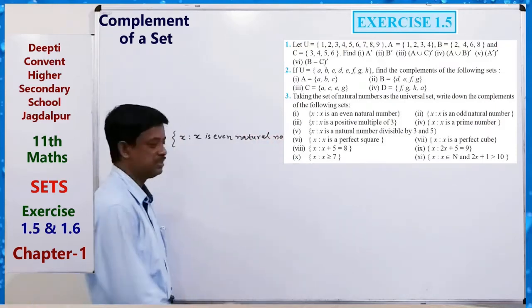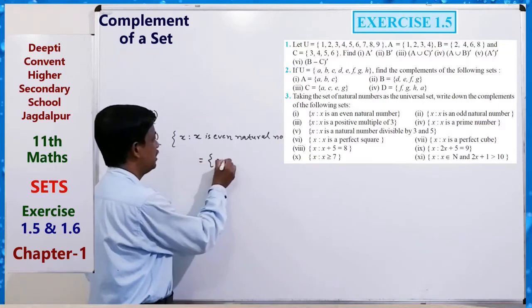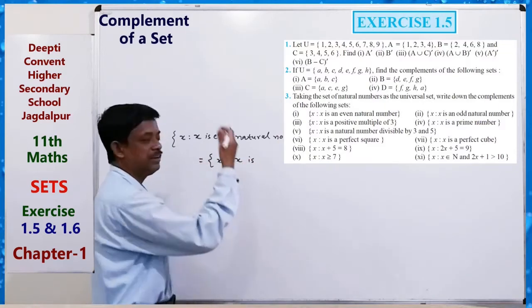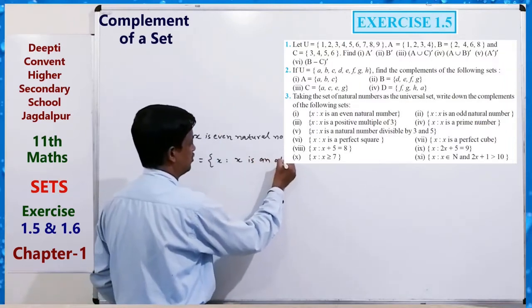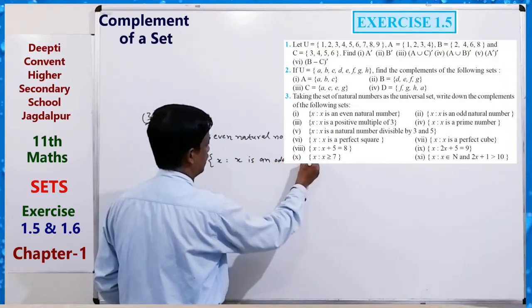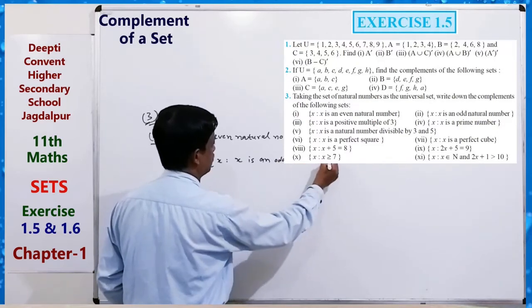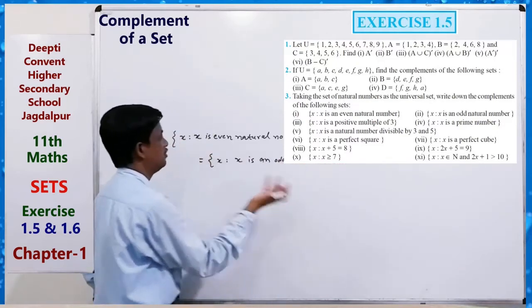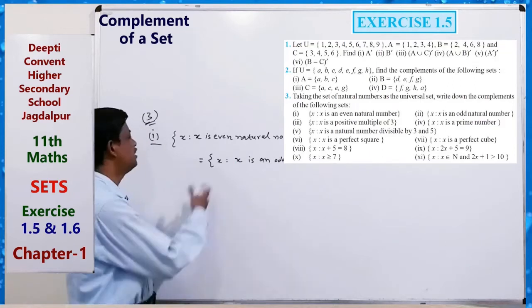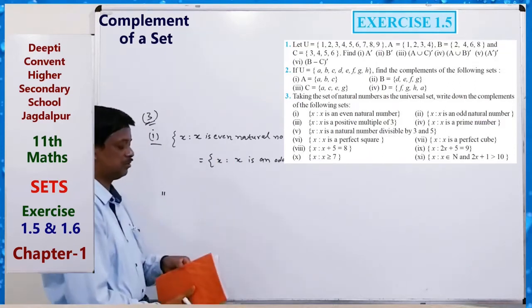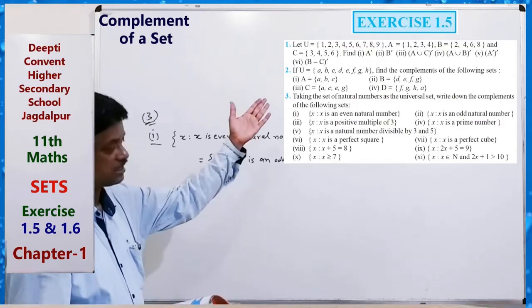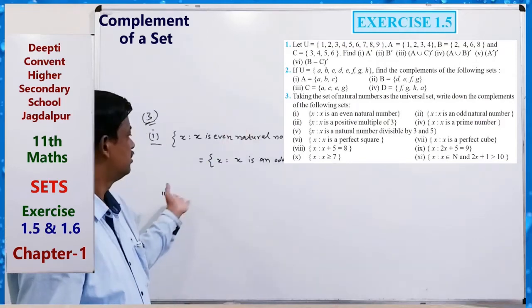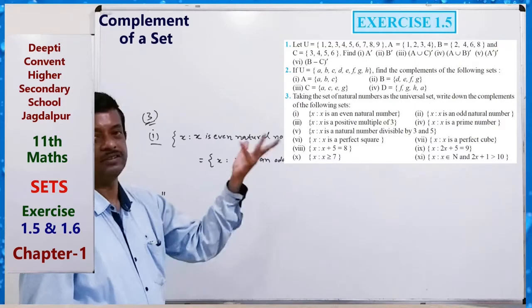Complement is equal to what? x such that, except even means odd, x is an odd natural number. Okay. So the complement of this is this. Similarly, you can find the complement of all the questions. Second is x is an odd natural number. So complement, x is an even natural number.